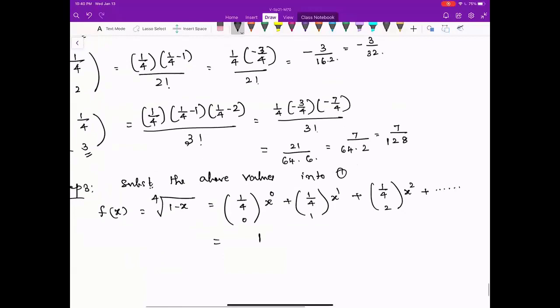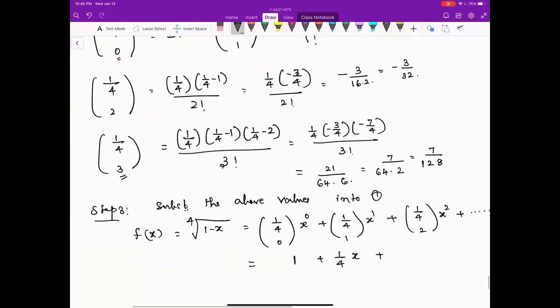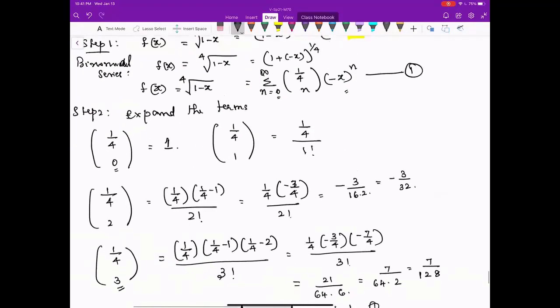So this will be 1, this will be 1/4 x, and 1/4 at 2 is negative 3 over 32. Oh, this is actually negative x to the power n.